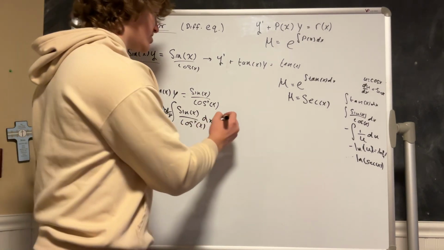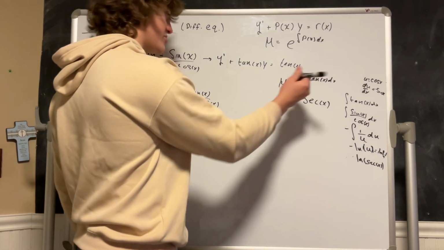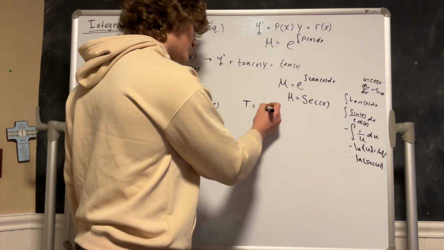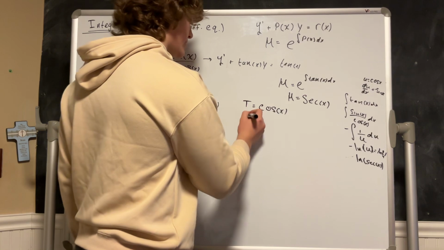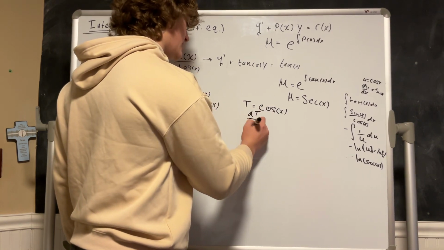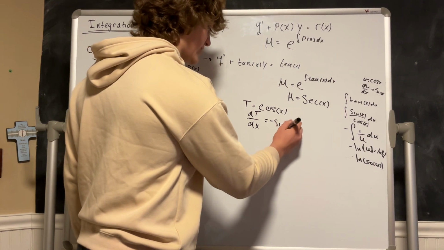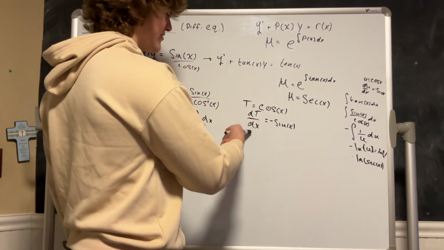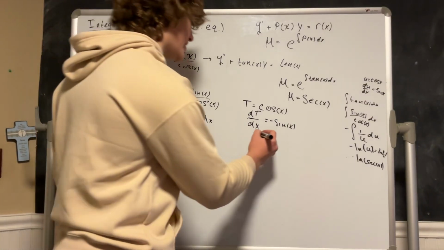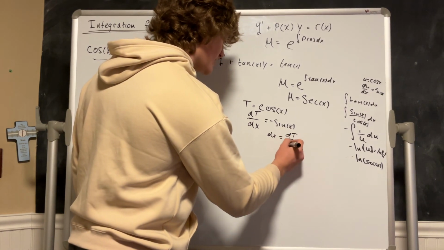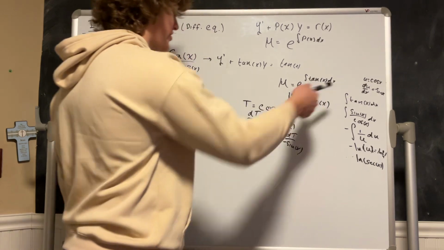And for this function, since I already used u, I will use a new parameter. Let's say t is equal to cosine of x. Then dt by dx is going to give us negative sine of x. Now divide by negative sine of x, multiply by dx, and we get dx is equal to dt over negative sine of x, which is what happened over there as well.